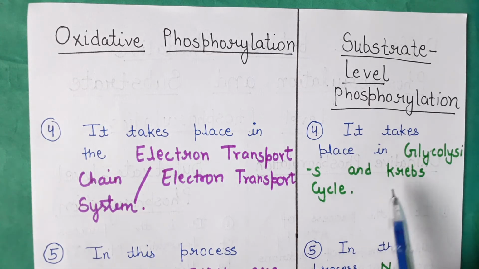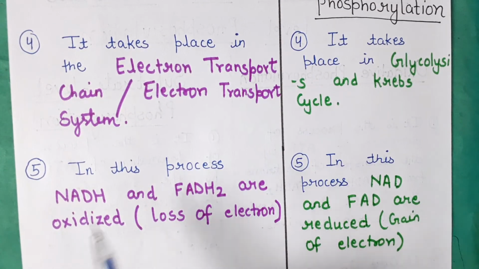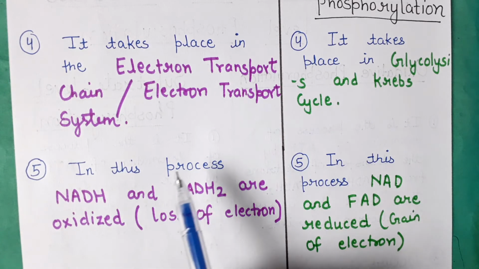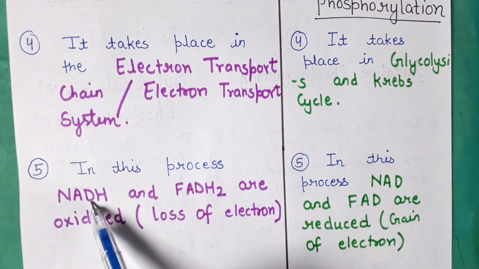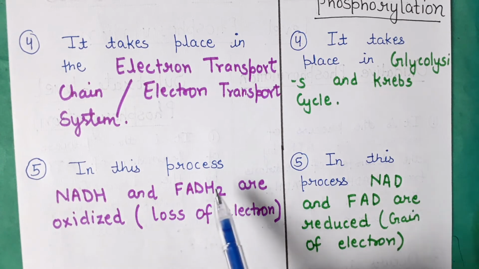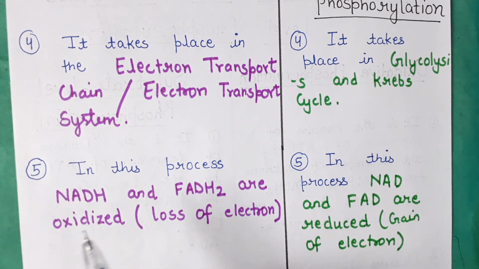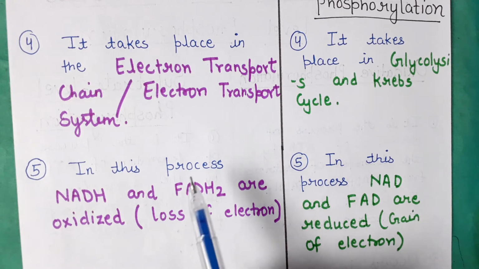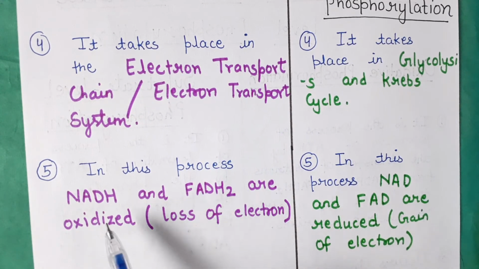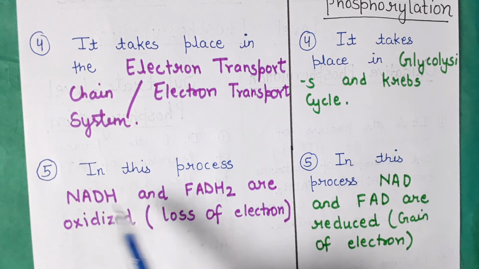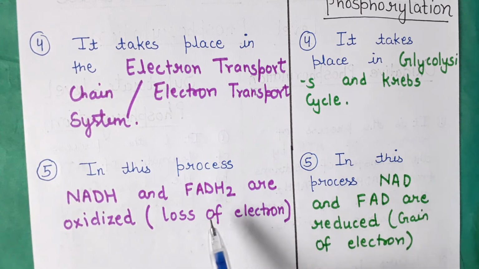Next point is that in oxidative phosphorylation, NADH as well as FADH2 are oxidized. The NADH and FADH2 that have been formed in glycolysis and the Krebs cycle are oxidized, that is, there is loss of electrons from NADH and FADH2, which are transferred along the electron transport chain.